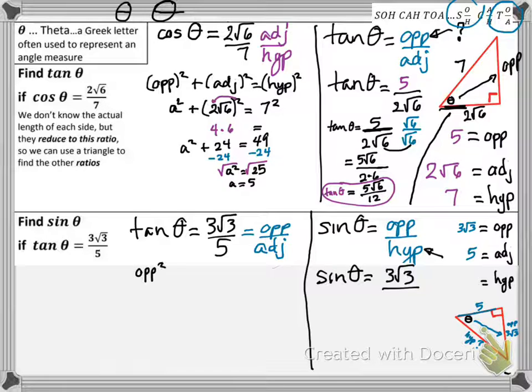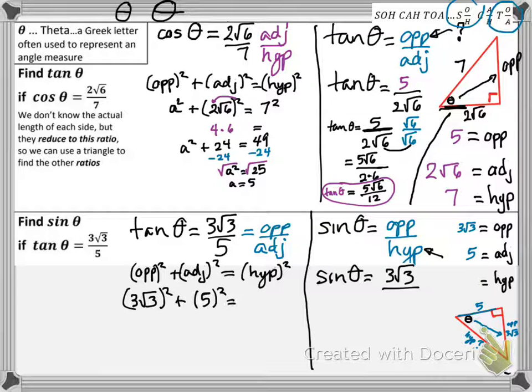Opposite squared plus the adjacent squared equals the hypotenuse squared. In this case, I know the opposite is 3 root 3. I'm going to square that. I know the adjacent is 5. I'm going to square that. And I don't know the hypotenuse, so I'll use a C.